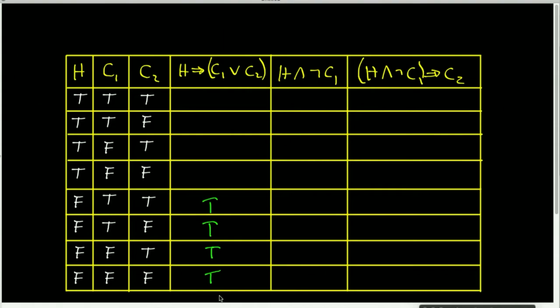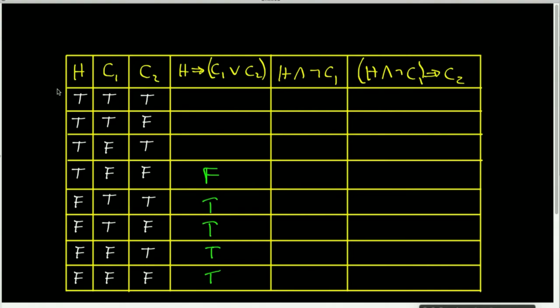On the top 4 rows, H is true, and so this implication is going to be true if C1 or C2 is true, and false if C1 or C2 is false. Now on this row, C1 or C2 is false or false, so C1 or C2 will be false. And this is a row that has the implication true implies false. So on this particular row, we have a false.